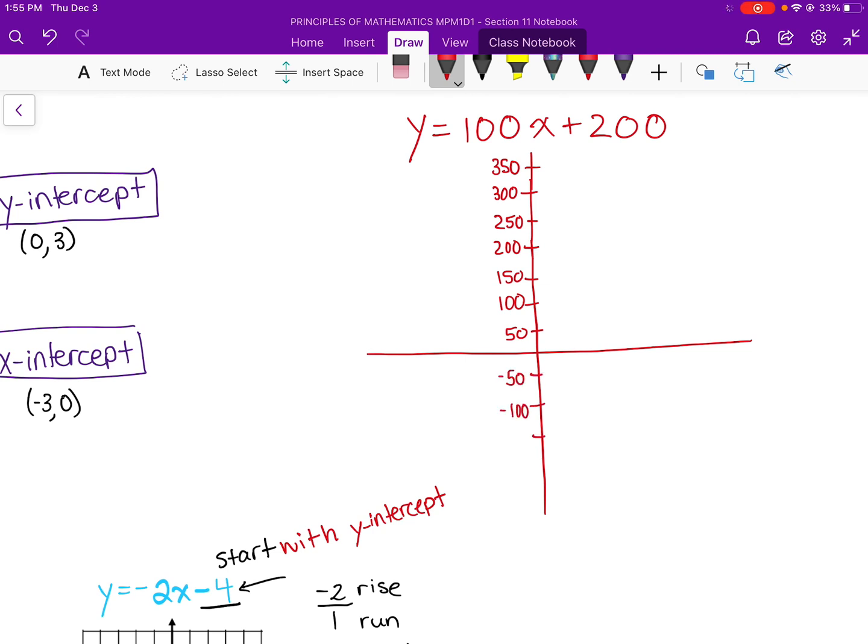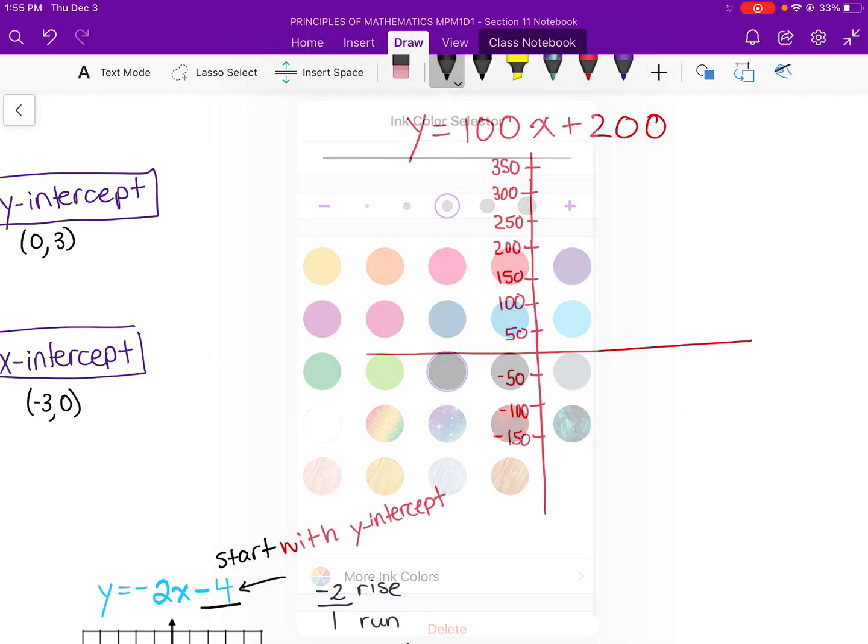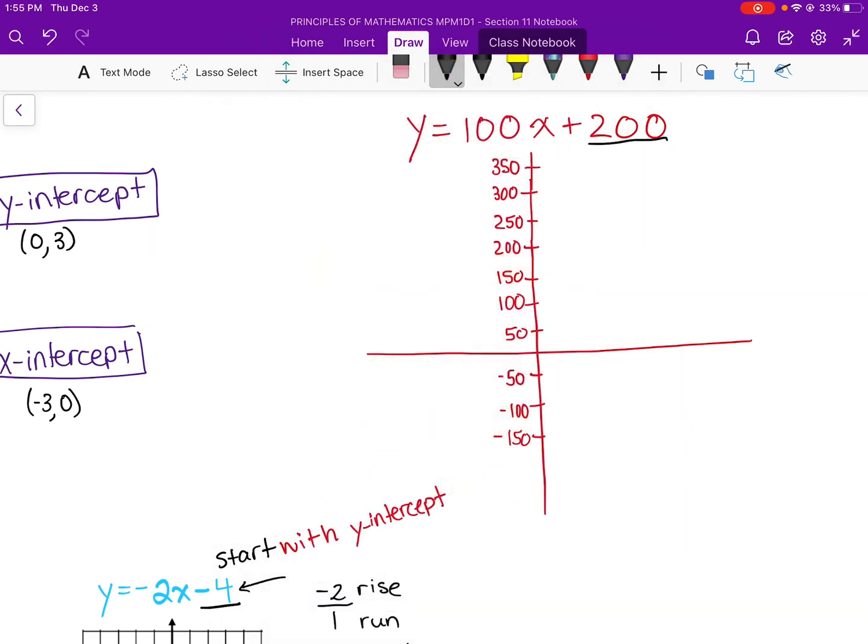It's not really efficient, nobody does this, you know? You have to really think about your scale, right? So if I know my y-intercept's 200, I would plot that. And then I know my rate of change is 100, so 100 over 1. So I know I have to go up 100 and over 1.